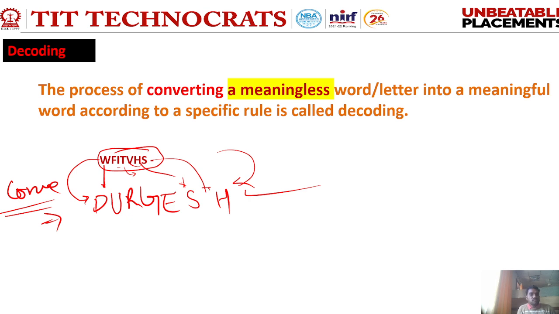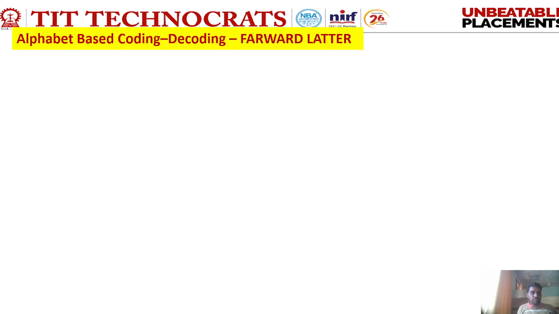Let's first look at alphabet based coding decoding. Alphabet based coding decoding means you solve reasoning questions using the forward order of alphabets, the reverse order of alphabets, or opposite letters of the alphabet.